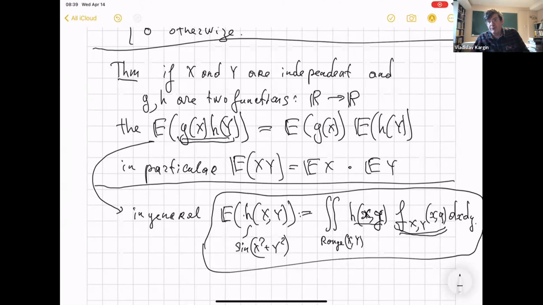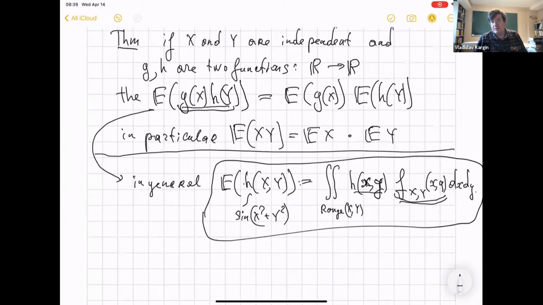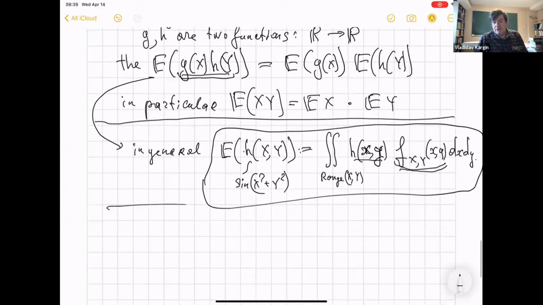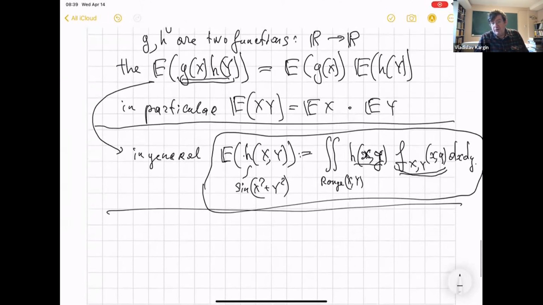So it's also a weighted average, but now we take it not on the line but in the plane, with the weights equal to f of x, y.